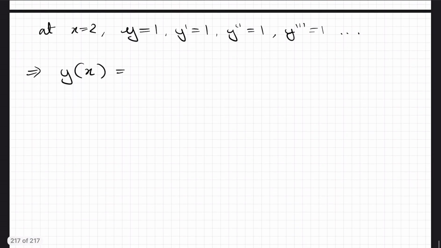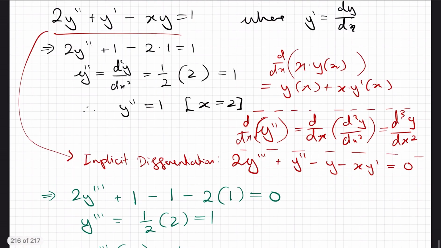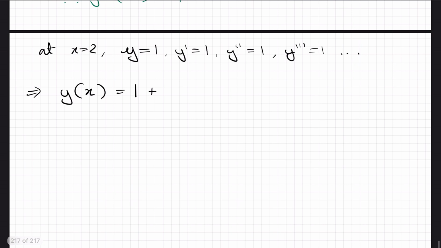So this first term is going to be 1 plus y dash of a over 1 times x minus 2. So that's just going to be 1 over 1 plus x minus 2 to the 1. Just leave it like that.